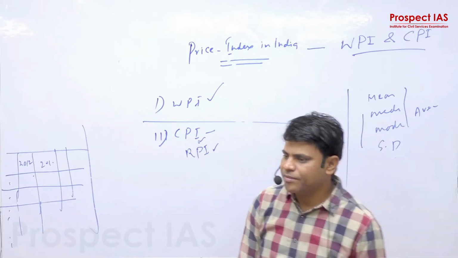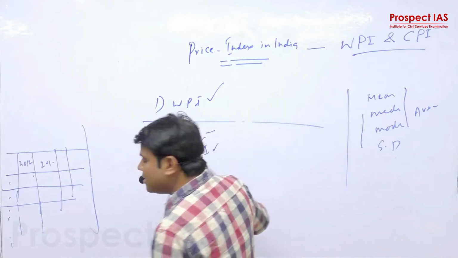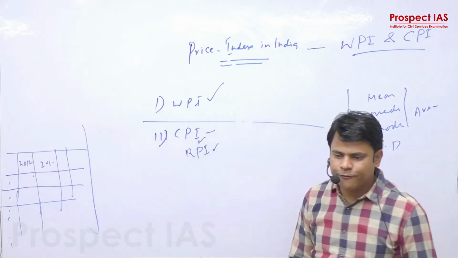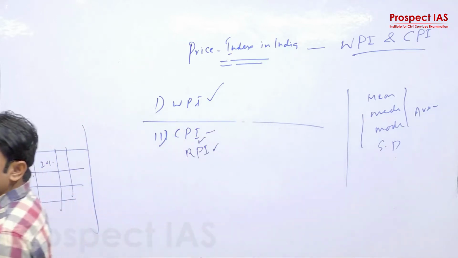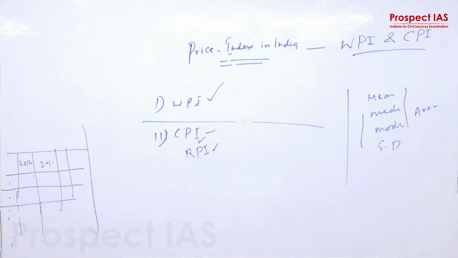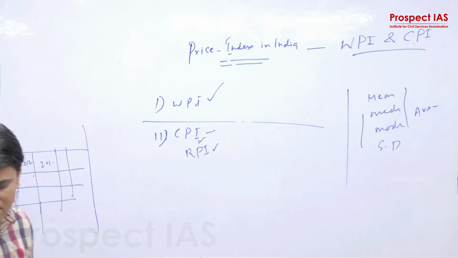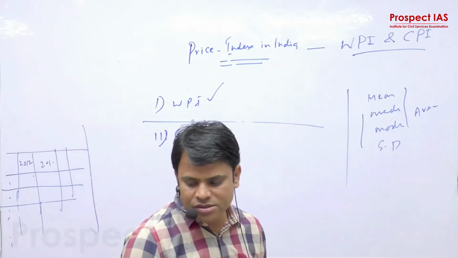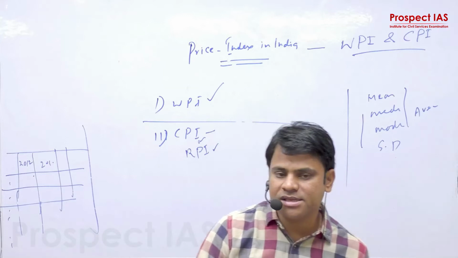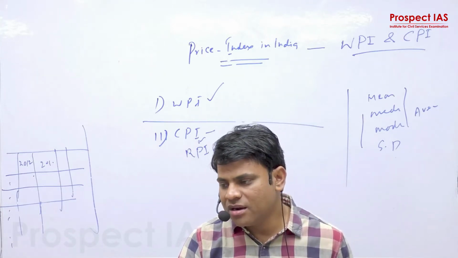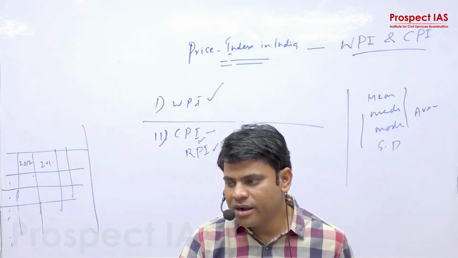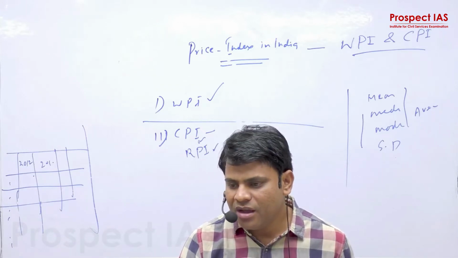ठीक है? On the other hand, CPI consists of prices of those goods and services which are traded in retail markets.